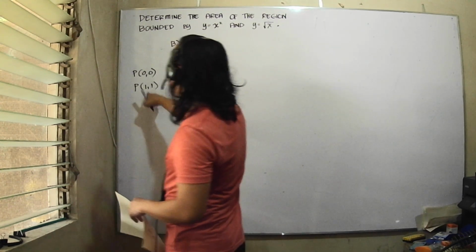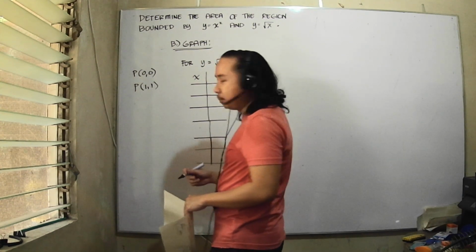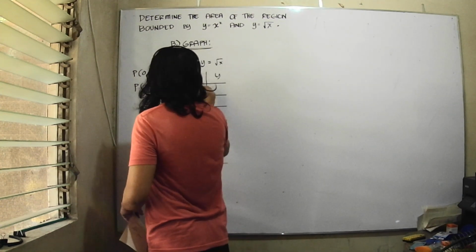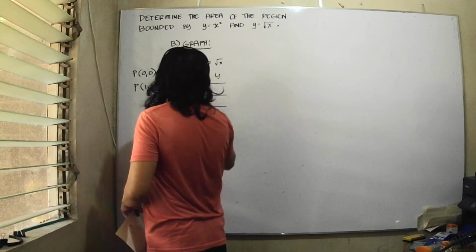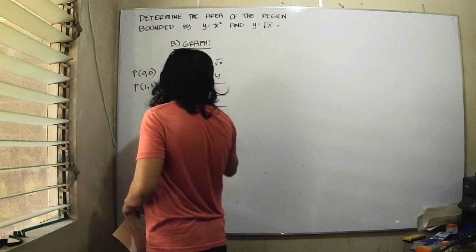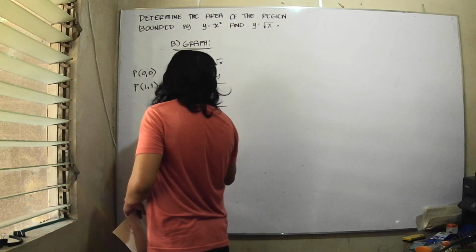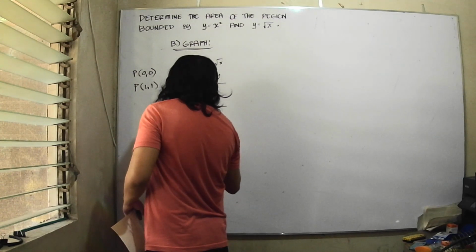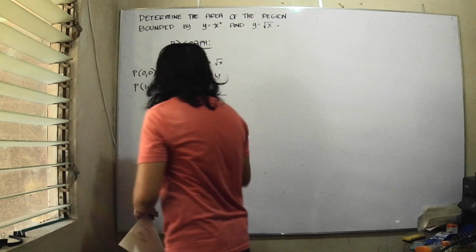In between, we can define our boundaries, the points of intersection, 0 to 1. So 0.0, 0.2, 0.4, 0.6, 0.8, and 1.0.